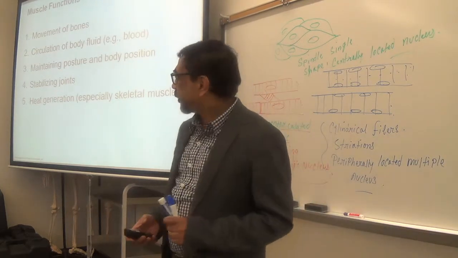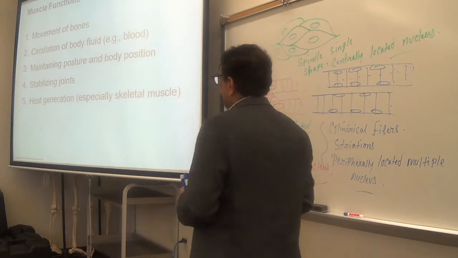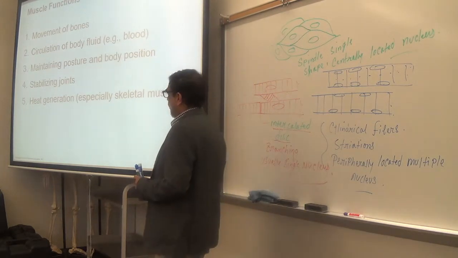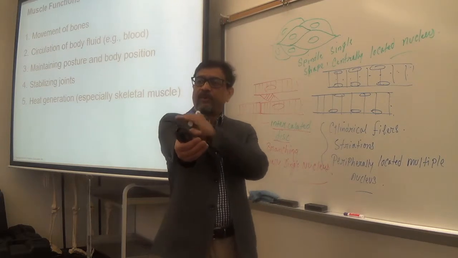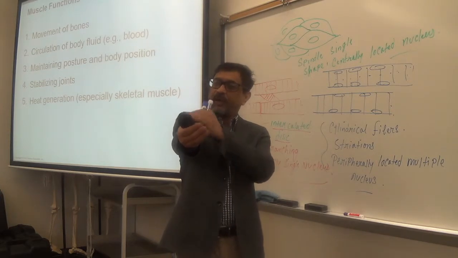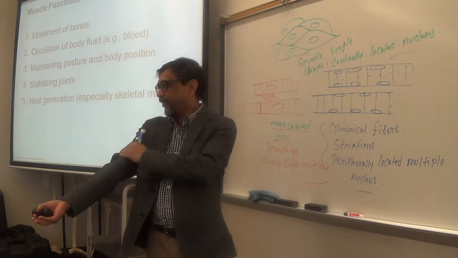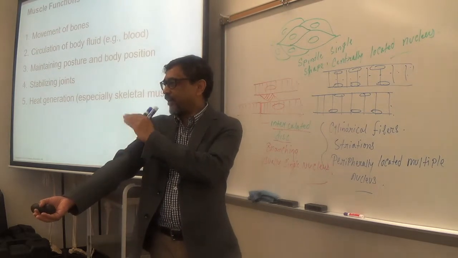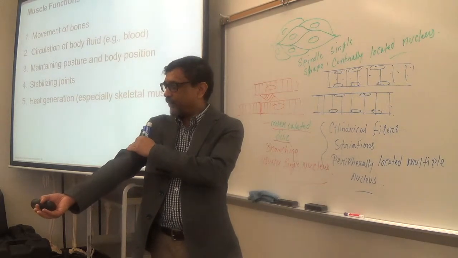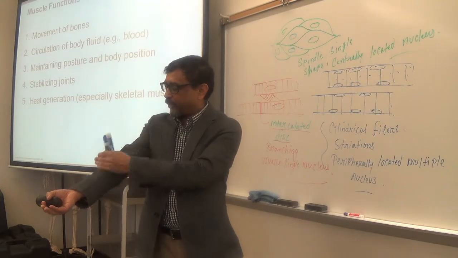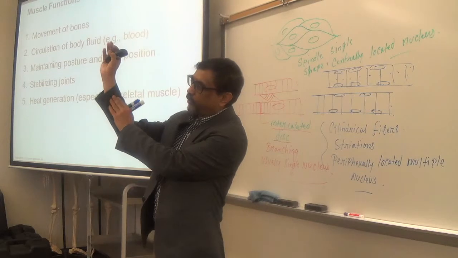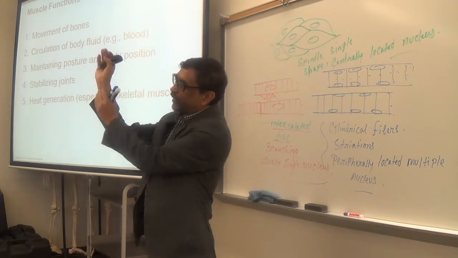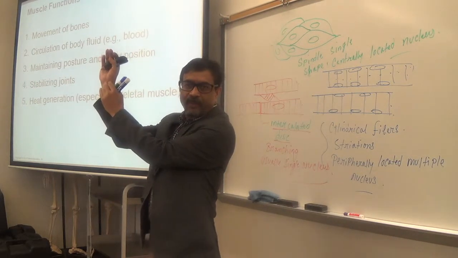Maintaining the posture and body position, stabilizing joints. Remember, most of the muscles of your body cross the joints. For example, the muscle arises from your arm and crosses the elbow joint. The muscles arise from your forearm and cross the wrist joint, okay?